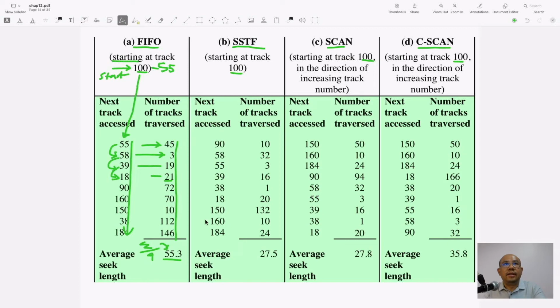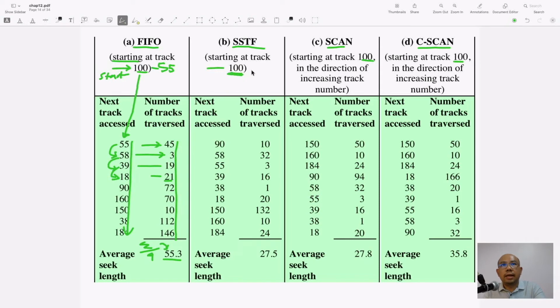Here this is first in first out, and the next technique is shortest service time first. Shortest service time first has a mechanism that orders the data access by the sequence of access from the hard disk, starting at location 100.